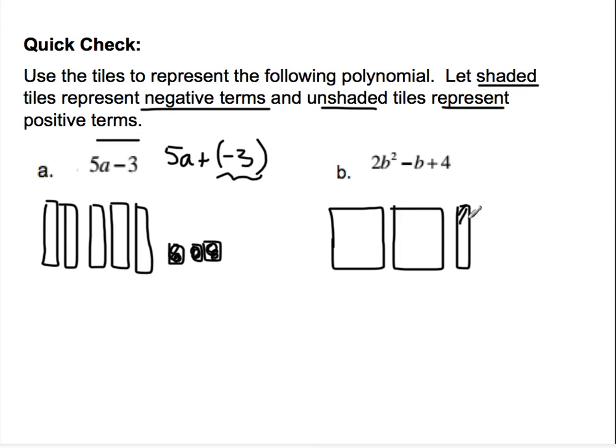I have a minus b, and if it's minus, I'm going to shade it because shaded is negative, and I have plus 4. And they stay unshaded. Okay? And again, if you're not too sure, write all your subtraction statements as addition statements, and then it'll be very clear which tile you need to use.